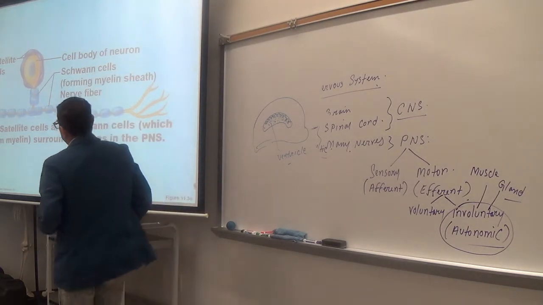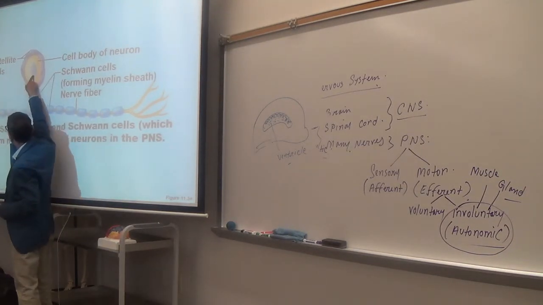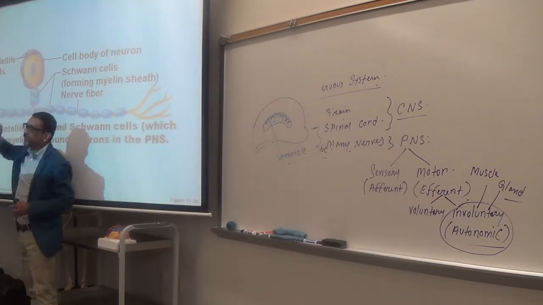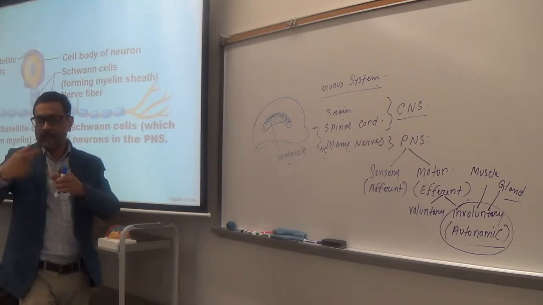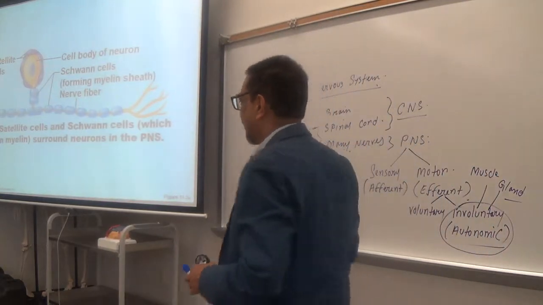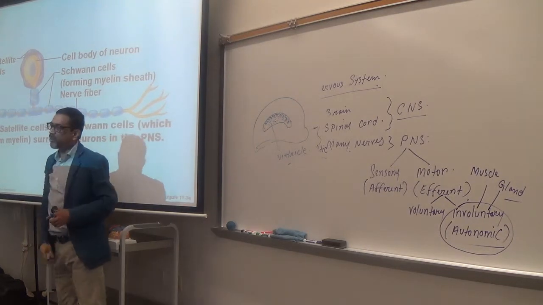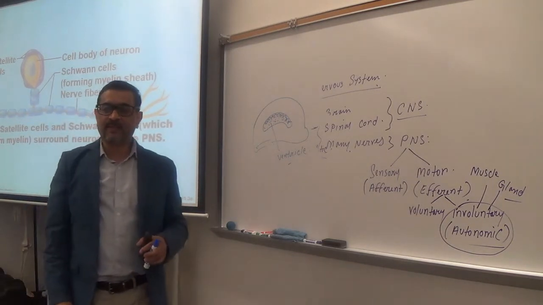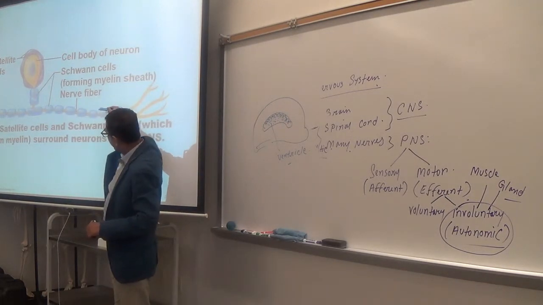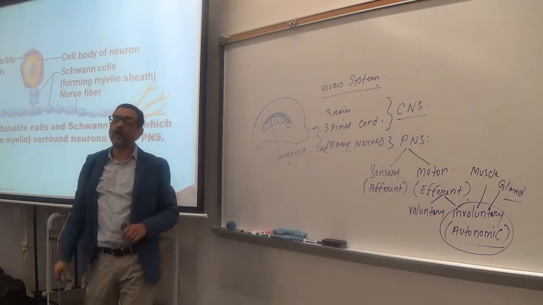Now you see here, these are satellite cells. This is a neuron, the yellow one. So this is the cell body of neuron, you know, the axon. And around the cell body, you have the satellite cells that form insulation. And around the axon fiber, you have Schwann cells. These are Schwann cells. Form insulation. But in this case, this is interesting that Schwann cells form insulation, but in between the Schwann cells, there are open spots.